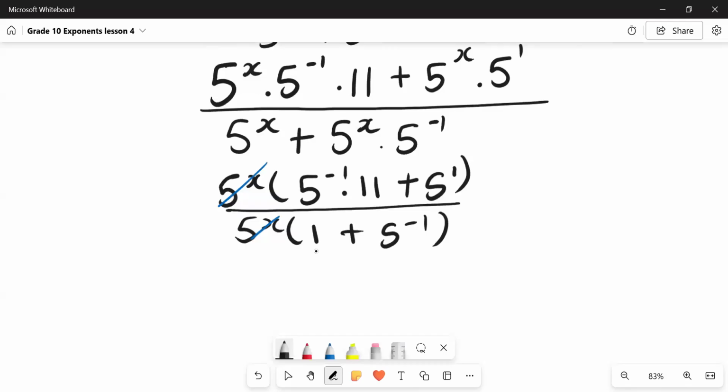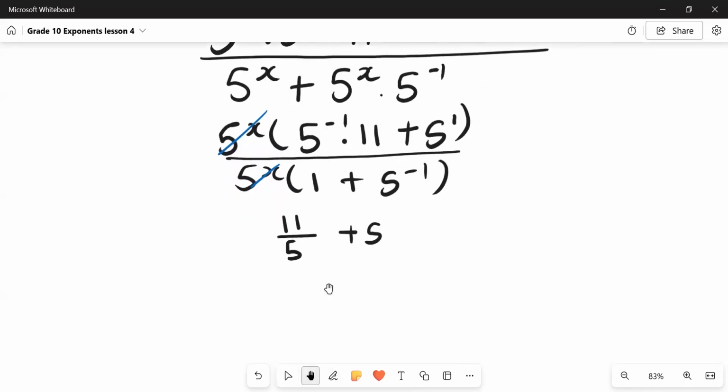When you use your calculator, this will give us 11 over 5 plus 5, over 1 plus 1 over 5. Then you will get your final answer as 6. And then we're done, just like that.